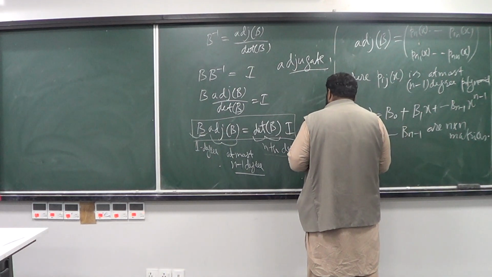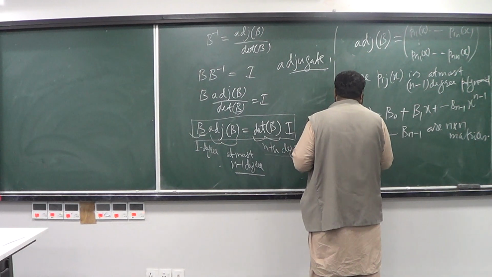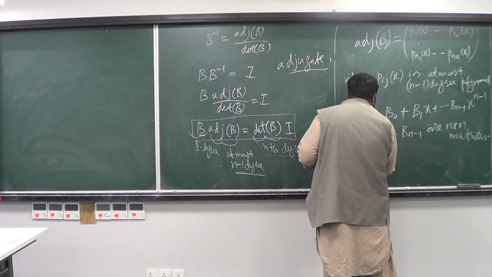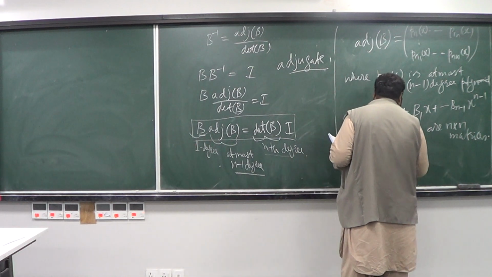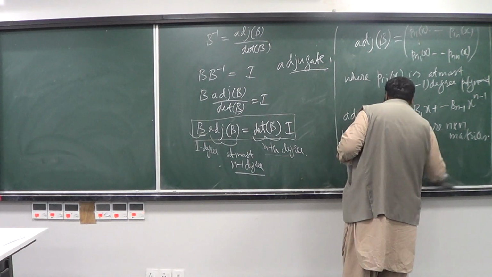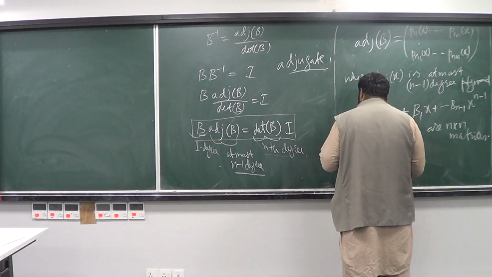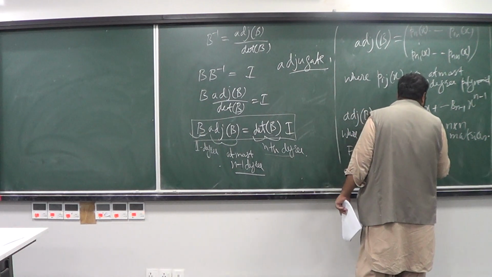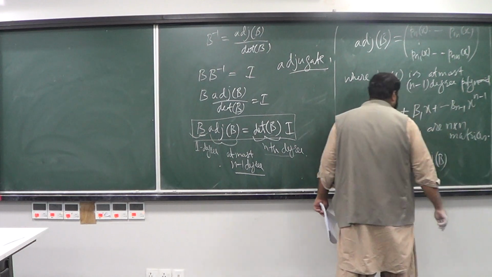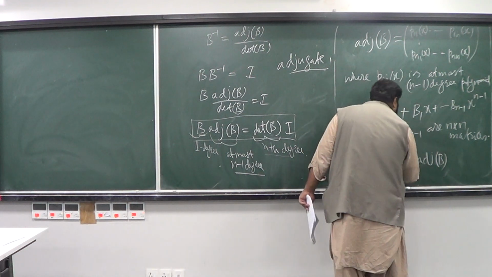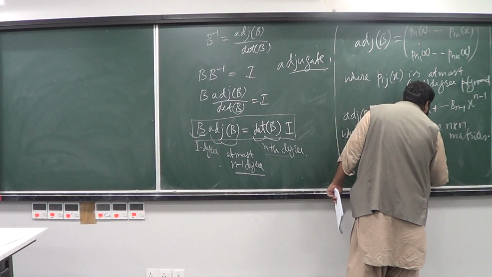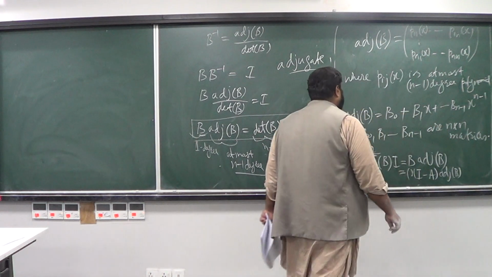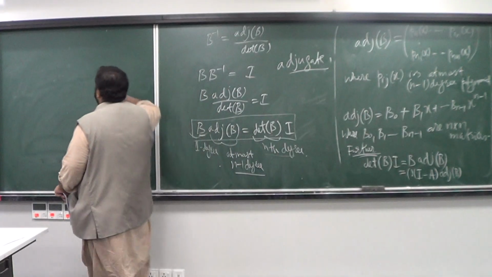The determinant of B multiplied with the matrix I is equal to B multiplied by the adjoint matrix of B. But matrix B is xI minus A, times the adjoint matrix of B. So if this is the case, what are you going to get?